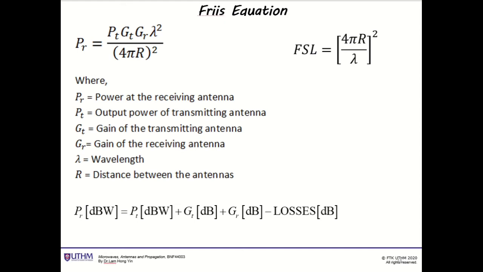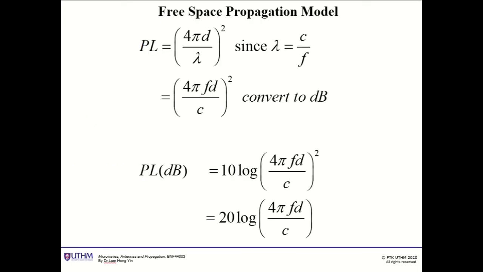So this Friis equation, we're going to look into it more in the propagation chapter. So this is the equation for the Friis, the abbreviation for the Friis equation. This is for the free space propagation model, where we need to find the propagation loss. So to identify the propagation loss, you need to know the frequency and the distance, and use this equation to calculate the propagation loss.